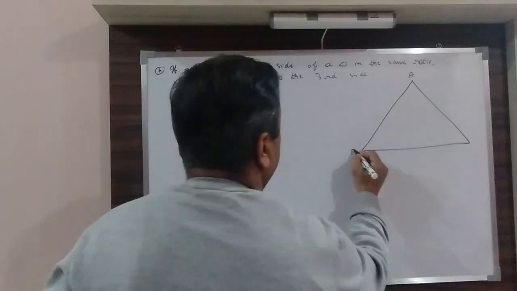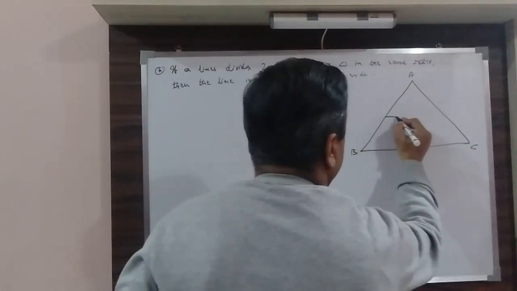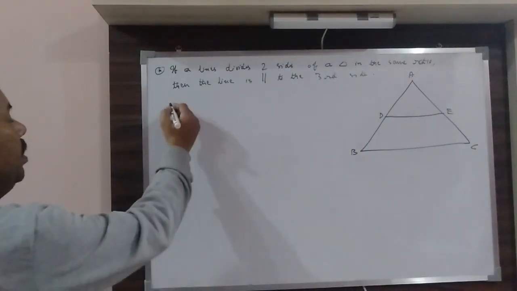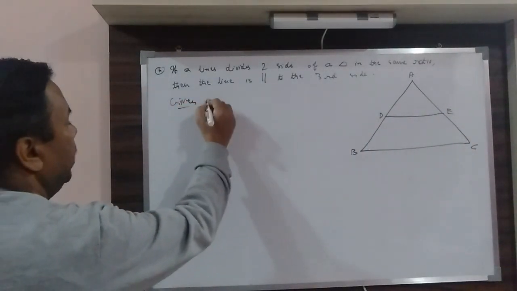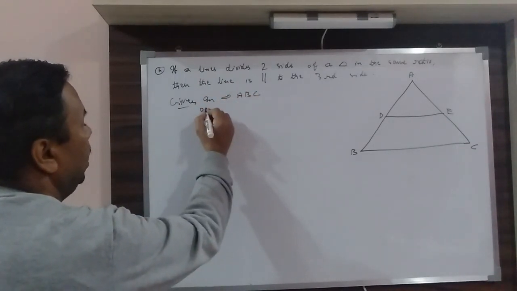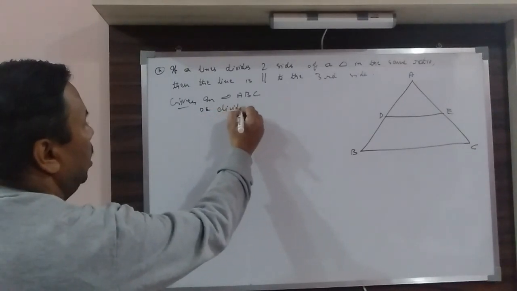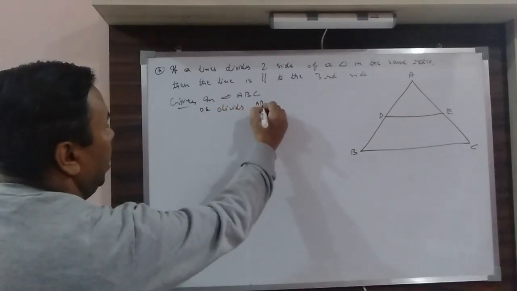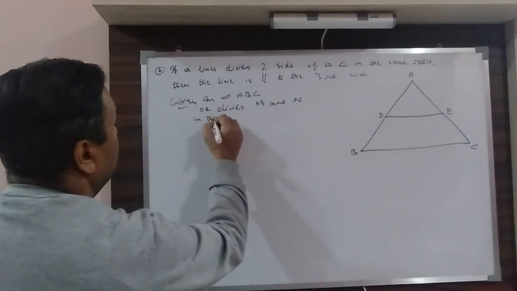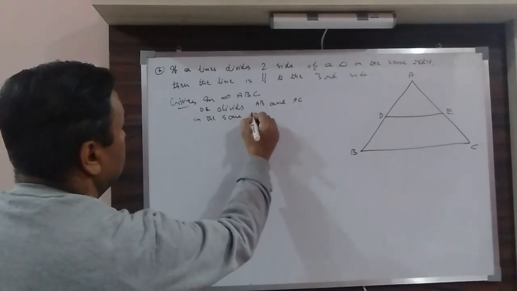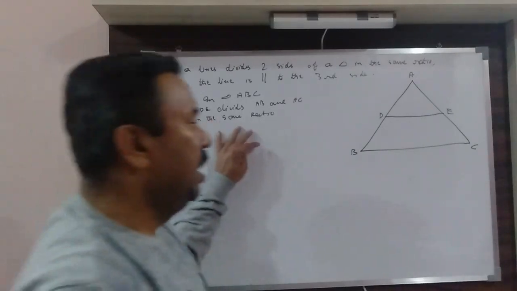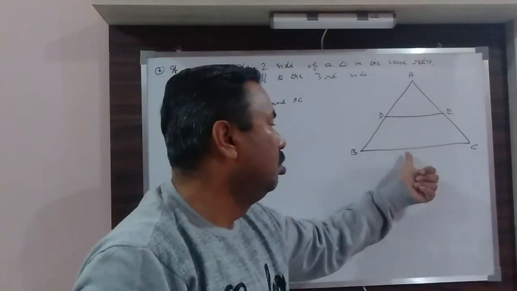There is triangle ABC and there is one line segment DE. What is given to you is, in triangle ABC, DE divides AB and AC in the same ratio, and it says that DE will be parallel to BC.